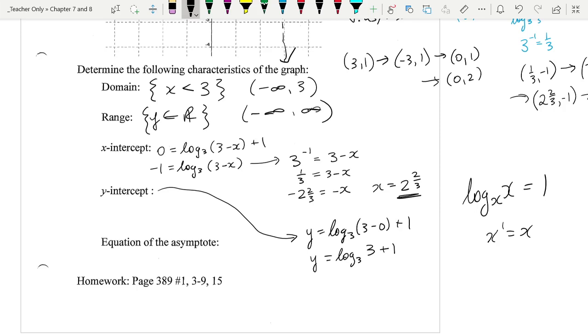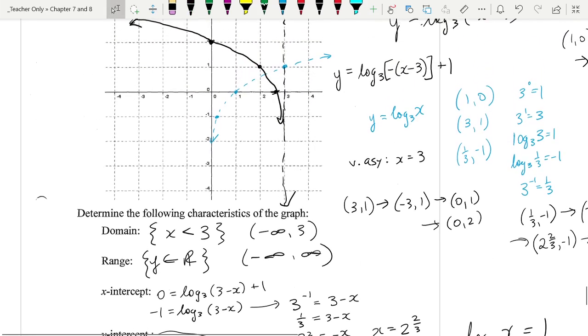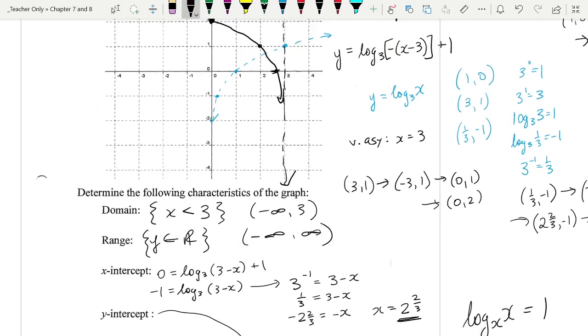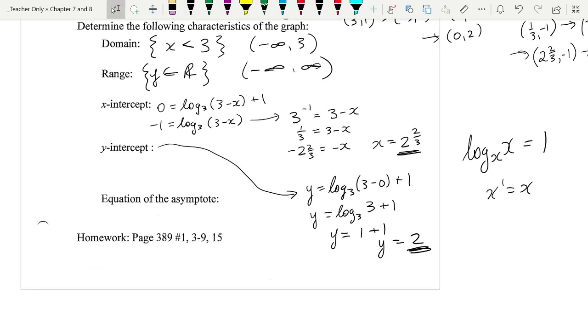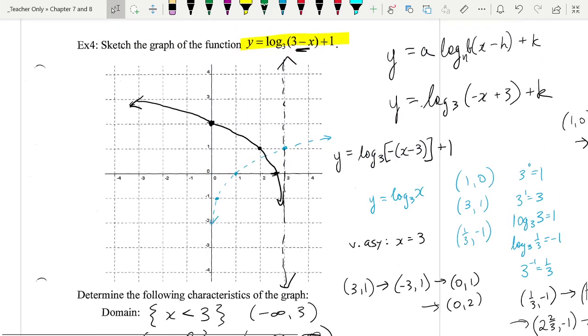So log to the base 3 of 3 is just 1. So that's going to be a y-intercept of 2, which is right there. So even if I hadn't graphed it, that's pretty easy algebra to do. And the equation of the asymptote again. How do I get the equation of the asymptote? I look at my original equation and go, argument can't be 0. What makes this argument 0?